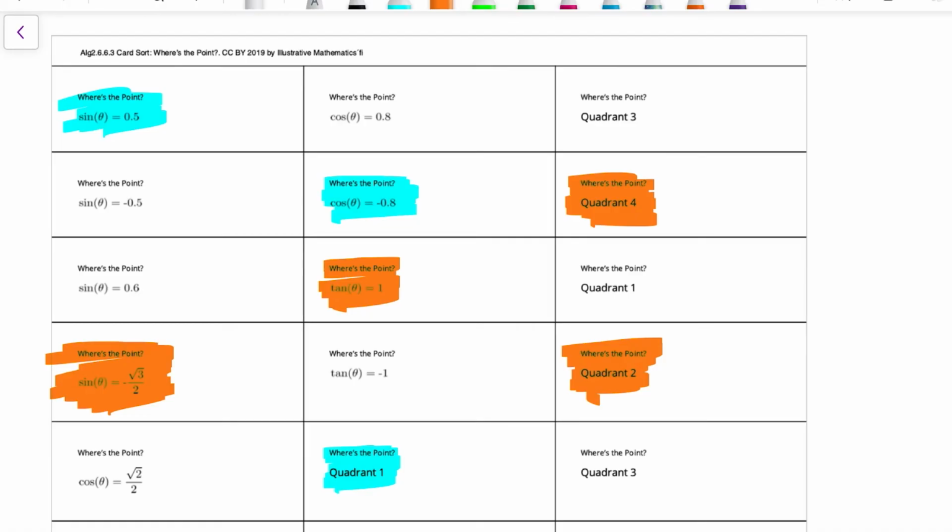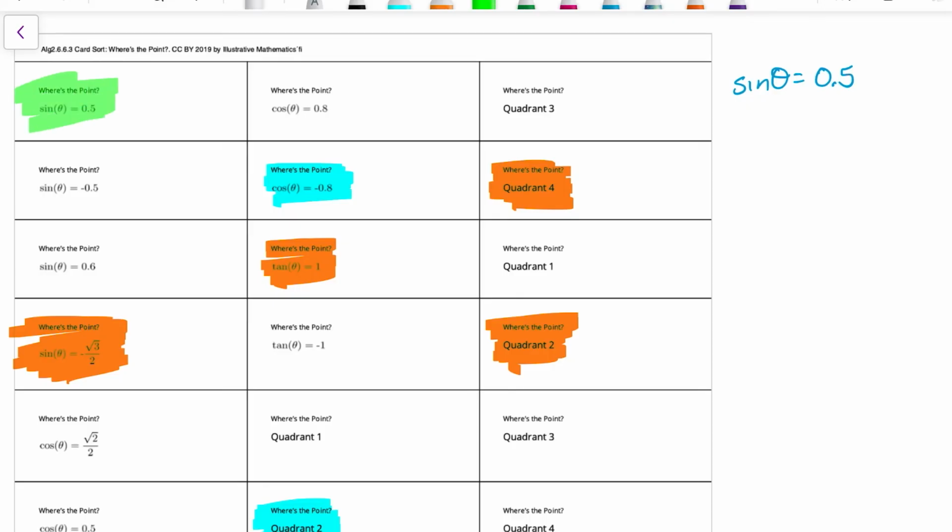So then we're going to take one of our possible matches, which are the blues, and calculate the values for the two missing trig ratios that match. I'm going to go with the first one, the sine, which is 0.5. So sine of theta is 0.5, and we said quadrant 1. I probably should have color-coded them, so let's do this.